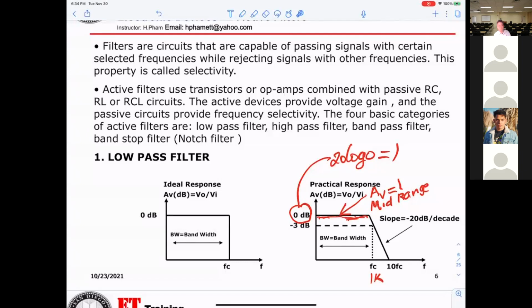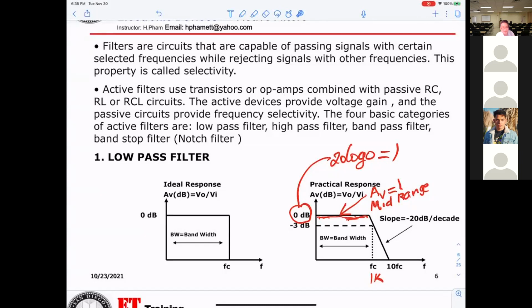See, everyone keeps quiet. It's 20. To be a technician, this is a very basic thing, you have to answer right away. For everything, first, 20 dB, that will be telling you that decade means 10.